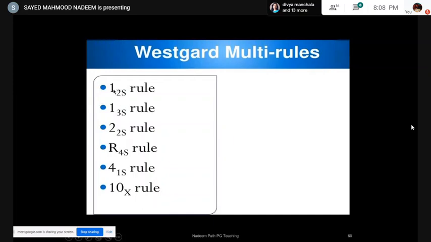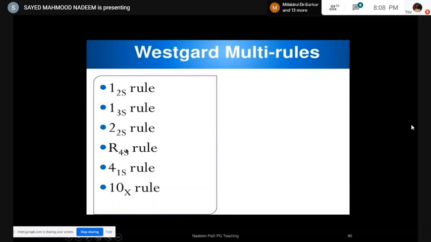So 1 2s means that one point is crossing the 2s boundary. 1 3s means one point is crossing the 3s boundary. 2 2s means 2 points are crossing the 2s boundary.